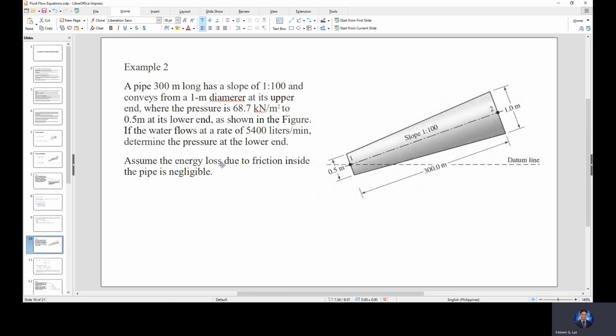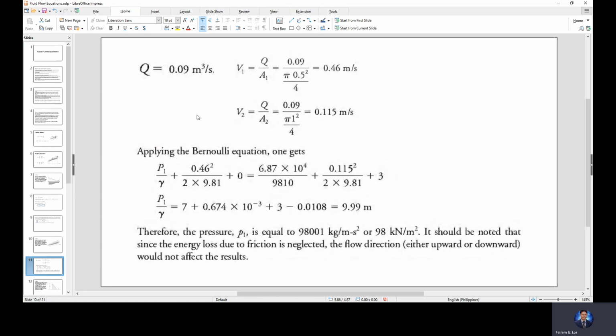Assume the energy loss due to friction inside the pipe is negligible, so we don't consider any friction loss between point 1 and point 2. First, we need to solve for Q. You already know how to convert: 5,400 liters per minute is equal to 0.09 cubic meters per second.